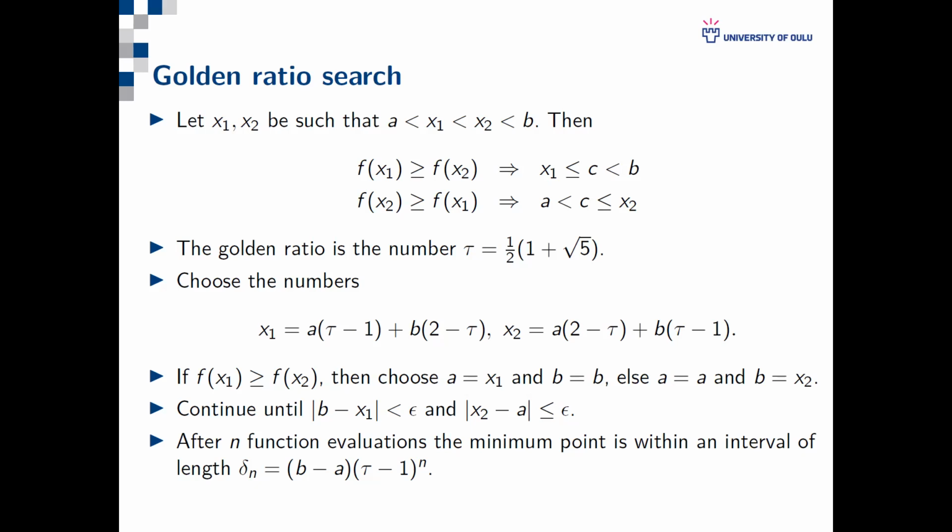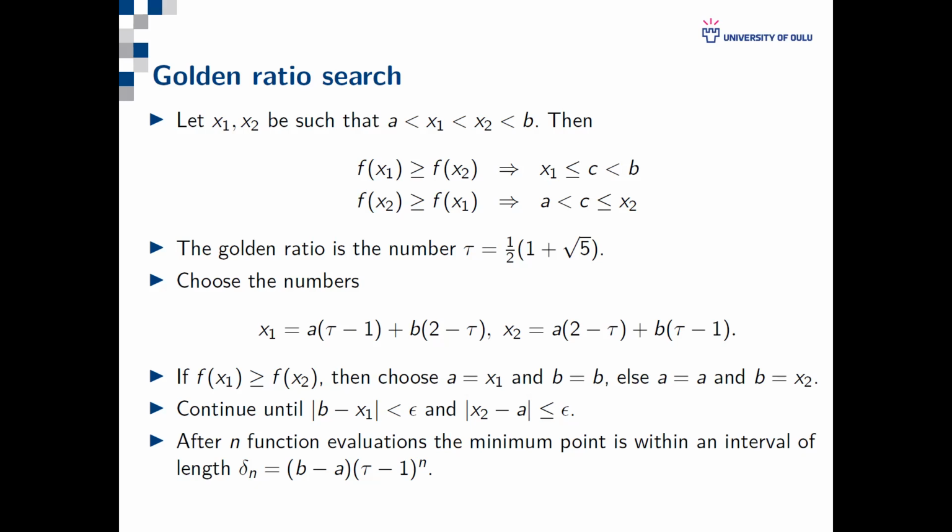The point tau is defined in a way, was it like this, that you have the interval, and the ratio of the length of the smaller interval to the bigger interval is the same as the ratio between the bigger interval and the whole interval. So this is the golden section of the interval, and you take it from both sides. So it must be two symmetric points.